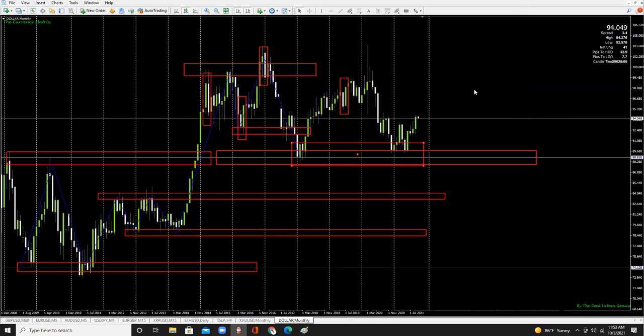Because the market's always moving up and down. So you really have to have a trade by trade or a day by day plan. Without that, you'll just be bouncing around and you won't necessarily see anything consistent.